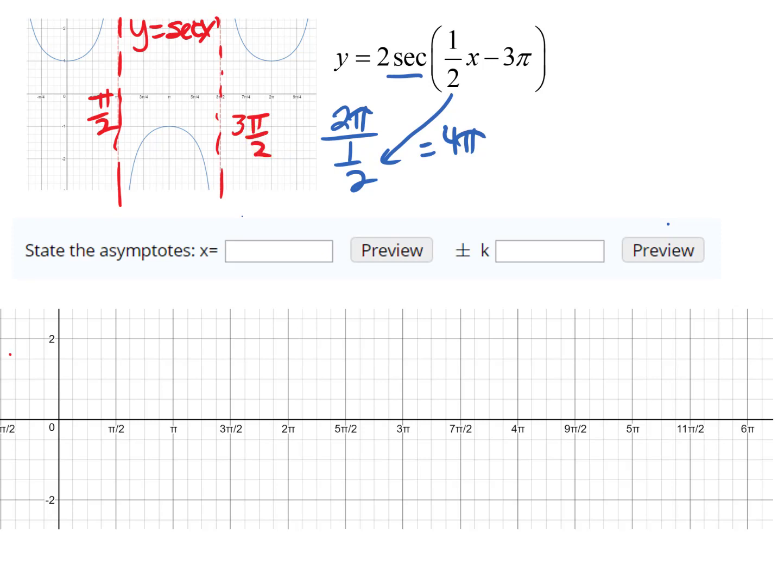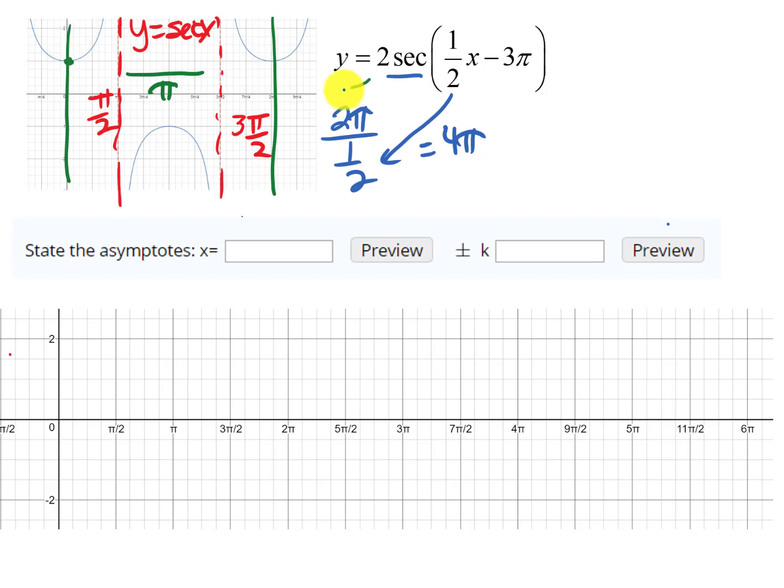So if I looked at starting at 0, the period of this is 2 pi. So within that period there are two asymptotes, and we notice that the asymptotes are pi apart, which basically is half of the period.